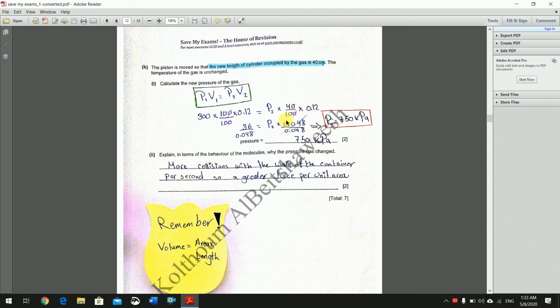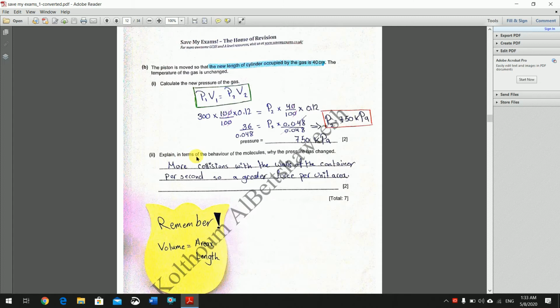Doing the math, to get P2 I have to divide both sides by 0.048. So eventually the new pressure will be 750 kilopascals. Why did I put it in kilopascals? Because from the beginning I left the 300 kilopascals as 300. I didn't add the 3 zeros.